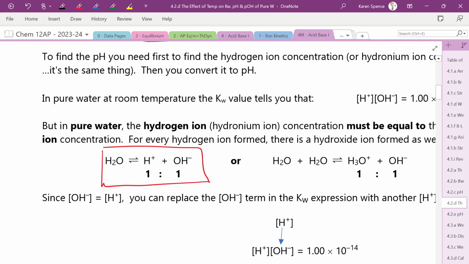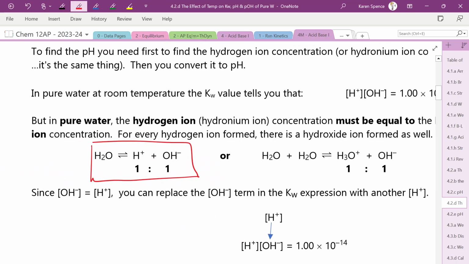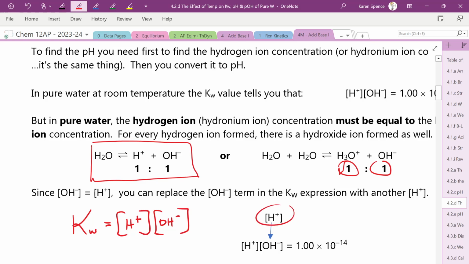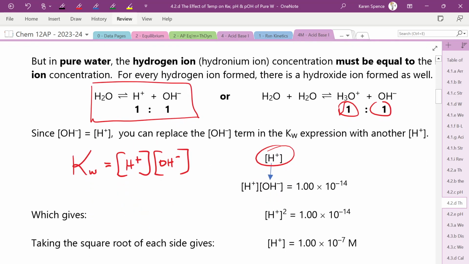Okay, so you can say we have Kw. Kw is equal to concentration of hydrogen times concentration of hydroxide. And you know that these are 1-to-1, yes? So you know that you could take hydrogen and replace it for hydroxide and it would end up being the same, yes? So we have hydrogen squared is equal to 1 times 10 to the negative 14.